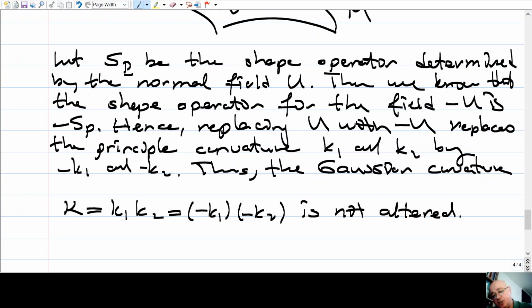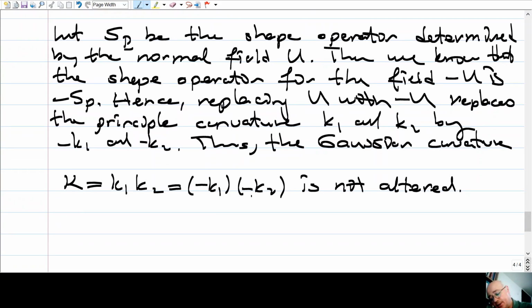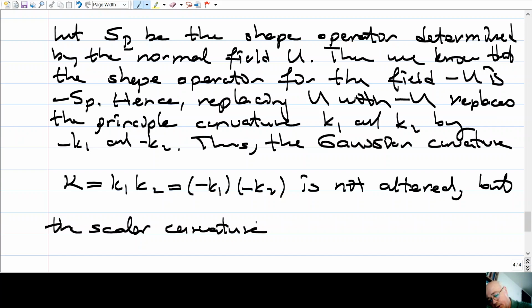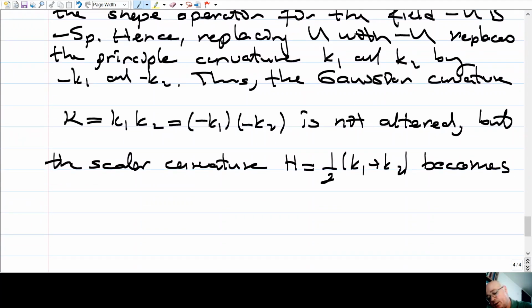So this doesn't change if you change the orientation, but the scalar curvature H, which was 1 over 2 (K1 plus K2), becomes minus H, which is 1 over 2 (minus K1 minus K2).